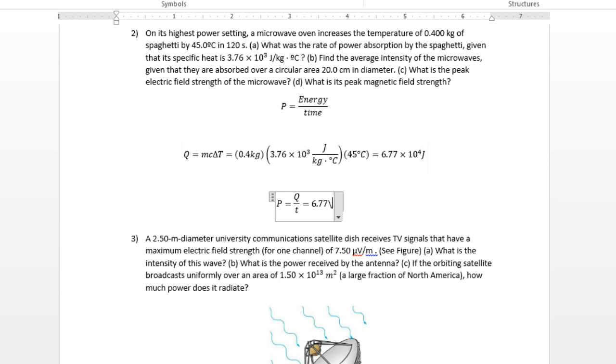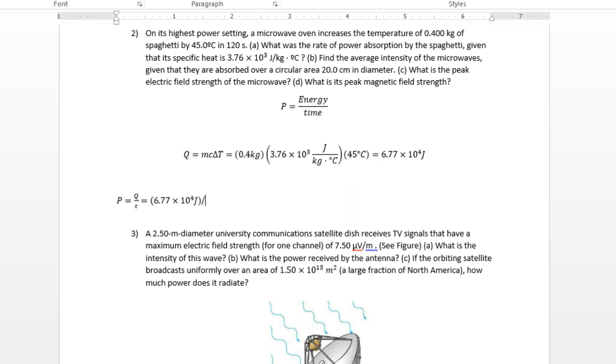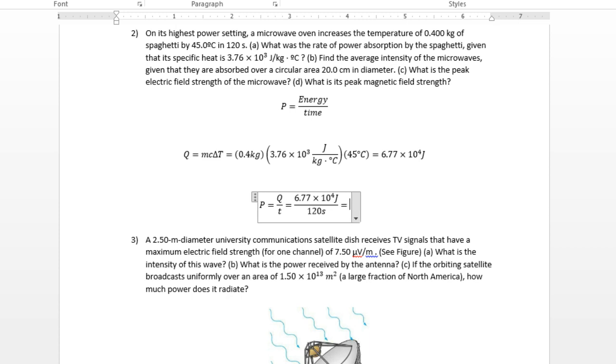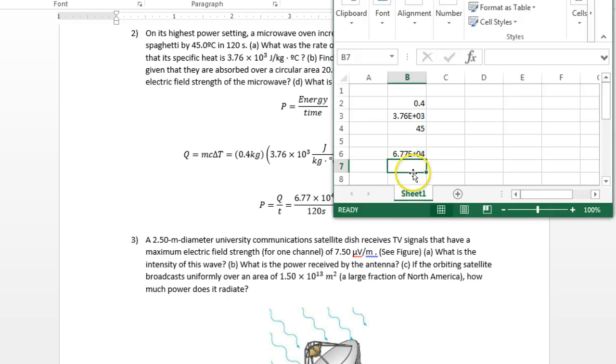So 6.77 times 10 to the fourth joules, all divided by, get some brackets in there so this works right, all divided by 120 seconds. Right? So, back over to Excel.